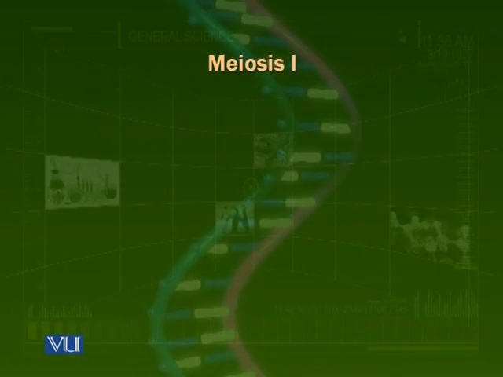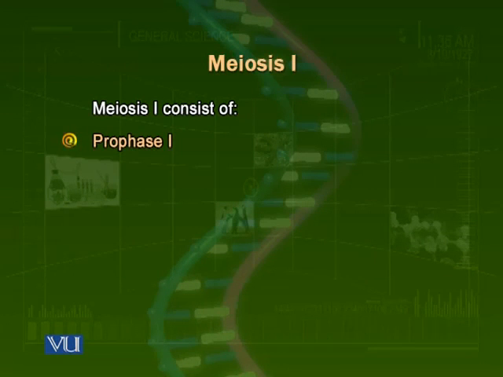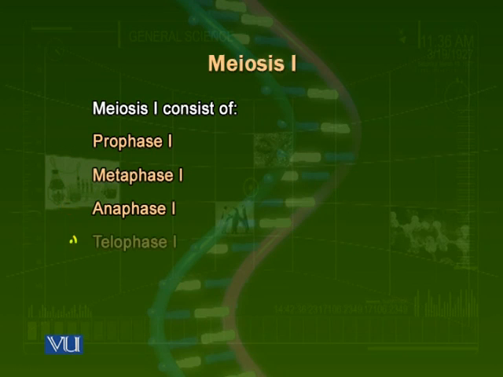Now we talk about Meiosis I. Meiosis I consists of Prophase I, because this is the prophase of Meiosis I, Metaphase I, Anaphase I, Telophase I, and a cytokinesis.